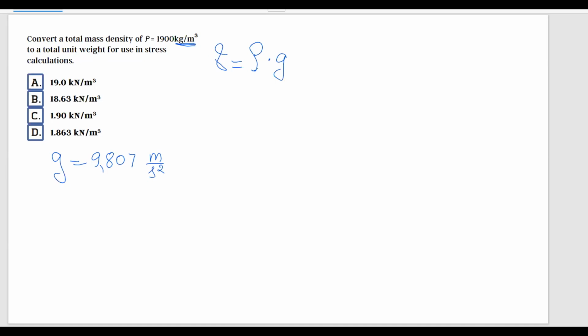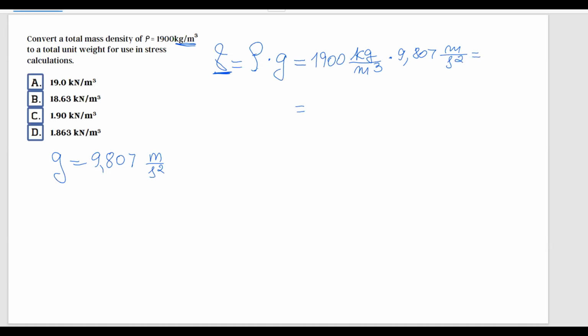So now we can substitute in our problem. The total unit weight gamma is equal to the density, which is 1900 kilograms over meters cubed, multiplied by g, which is 9.807 meters over seconds squared. Let's go ahead and use your calculators with me, please.